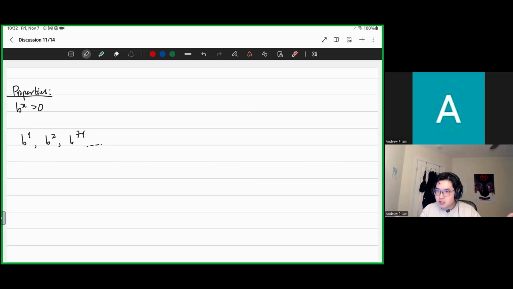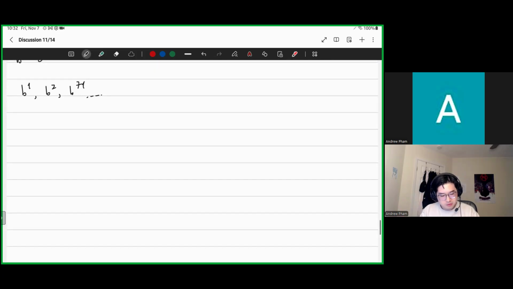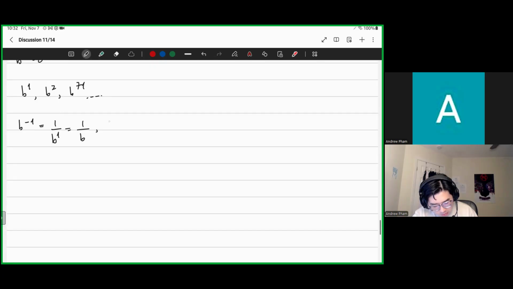If b is a positive number, you're multiplying positive numbers with each other, they're going to be positive, right? But if the exponent is negative, let's say -1, notice by your exponent rules, b to the -1 is simply 1 over b to the 1, which is just 1 over b. So if b is a positive number, 1 over b is still positive as well. Same deal with b to the -2.